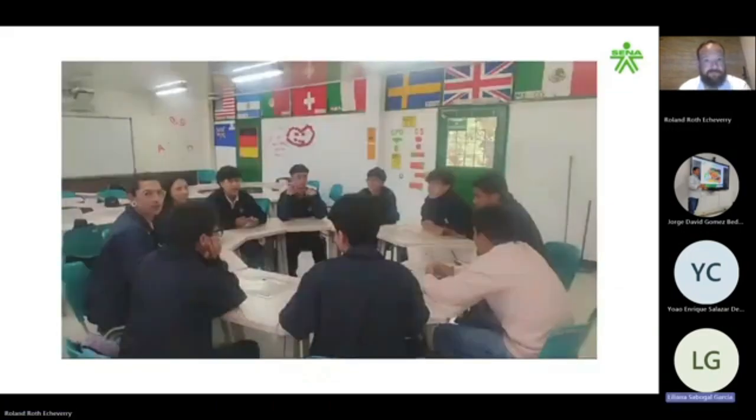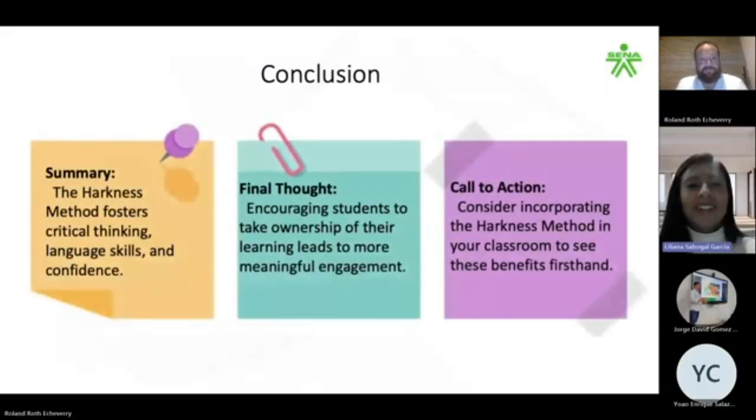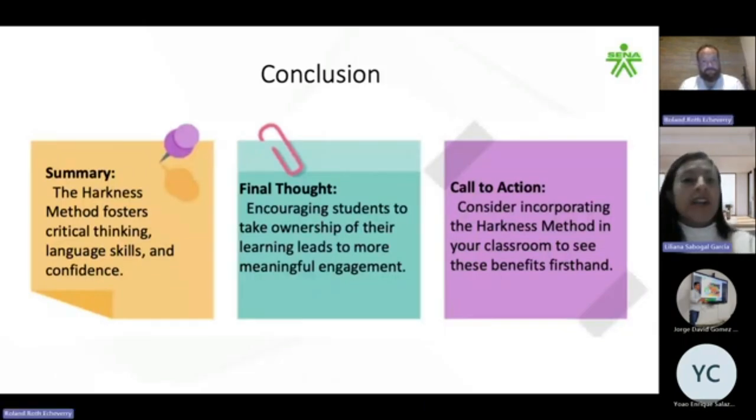Well, yes, as you could see, some of the conclusions I drew was that they had peer collaboration. They felt safe because they didn't feel afraid of speaking, as I noticed. They helped each other with vocabulary or ideas.